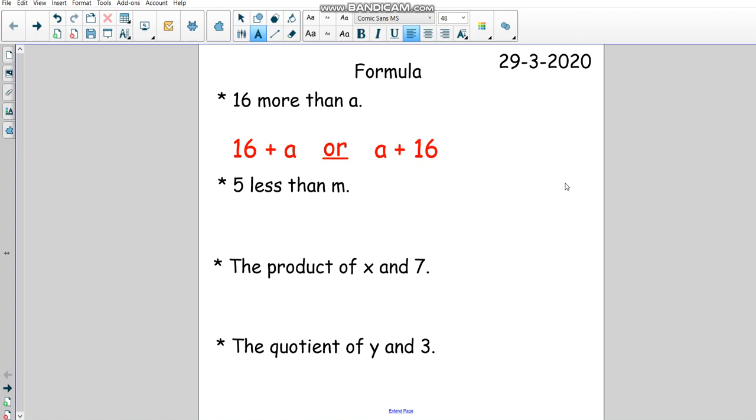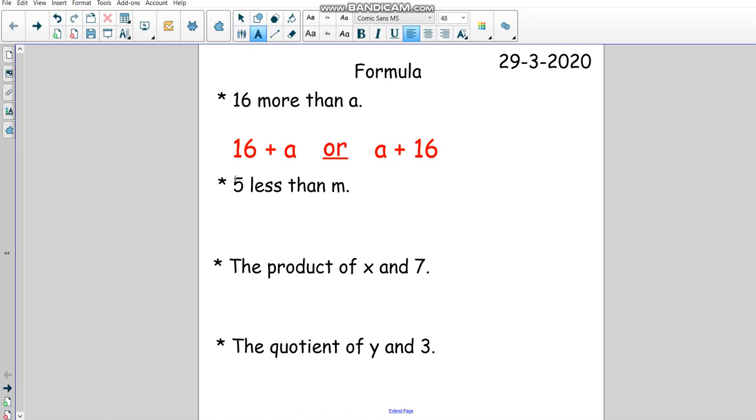Let's see the second example. 5 less than M. Once I found less than, I know that I will use the subtraction operation. But as we said, you have to use it carefully, as it will differ for the order of your operation.